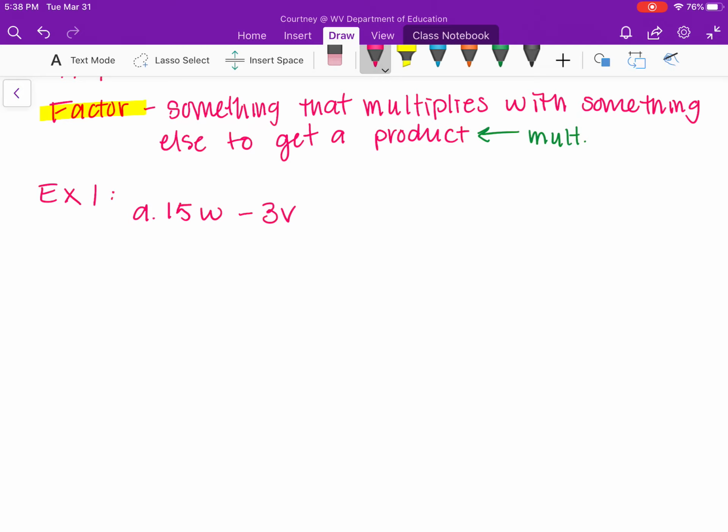What that means is the GCF, I'll write it over here. It means the greatest common factor. So we want something that multiplies to get these things over here, the biggest one. So I'll show you what I mean.